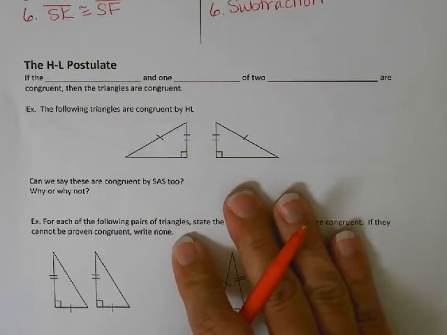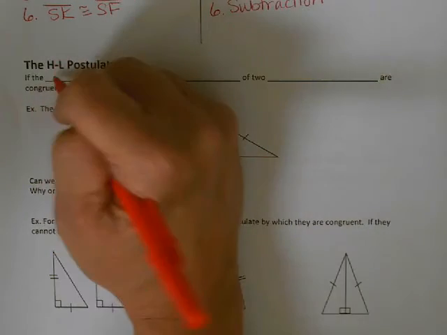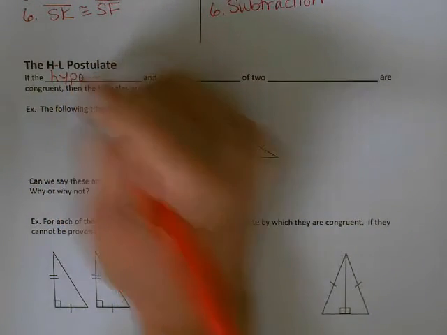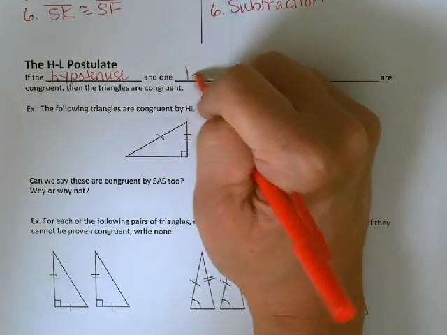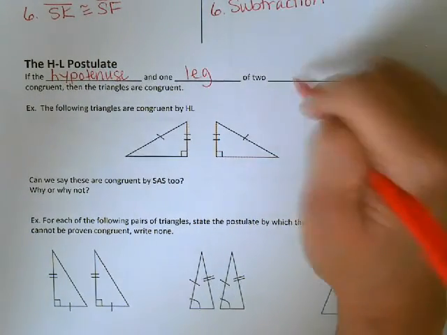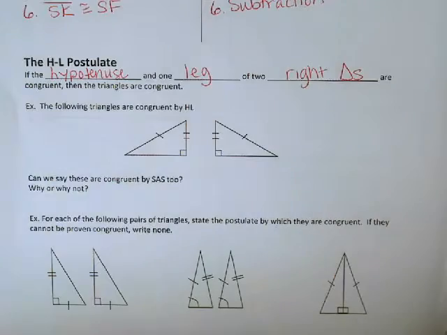Now, we're going to learn a postulate that is used to prove right triangles congruent. It says that if the hypotenuse and one leg of two right triangles are congruent, then the triangles are congruent.